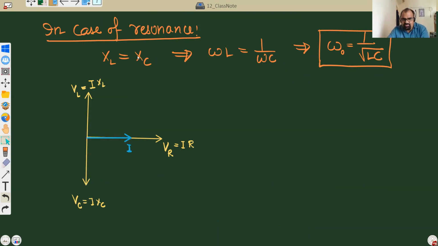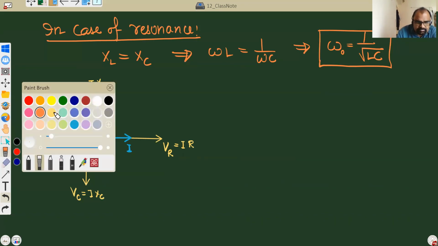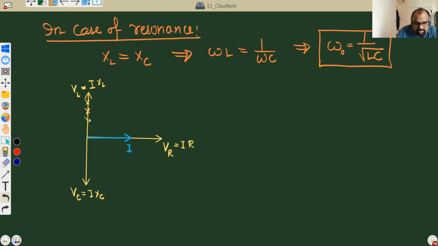Because see, XL is equal to XC. So I into XL is equal to I into XC. So these two will be exactly equal. And if these two are exactly equal, then these two, this and this, will simply cancel out each other.